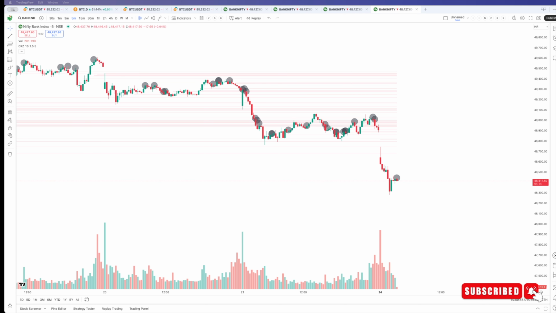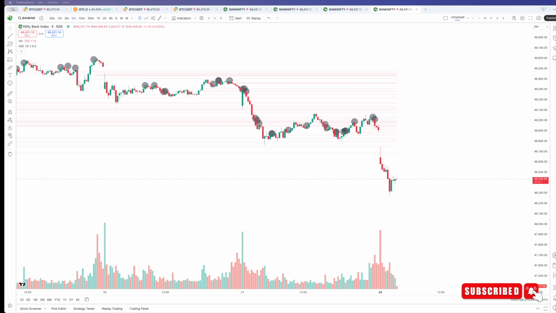So first of all, we need to understand what a cluster reversal zone is. Basically, a cluster reversal zone is an area where price often reacts. These zones are formed due to liquidity traps, smart money activities, and support and resistance clusters.